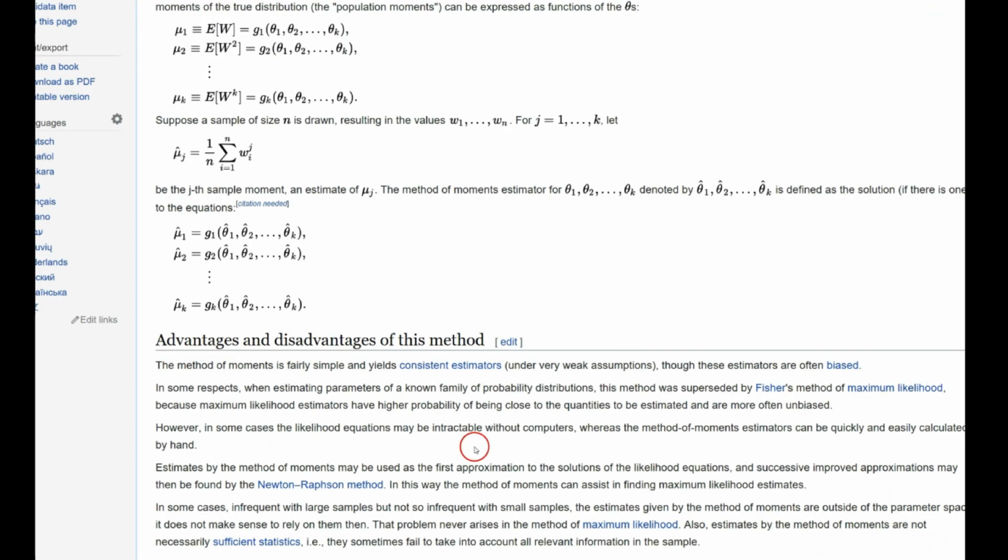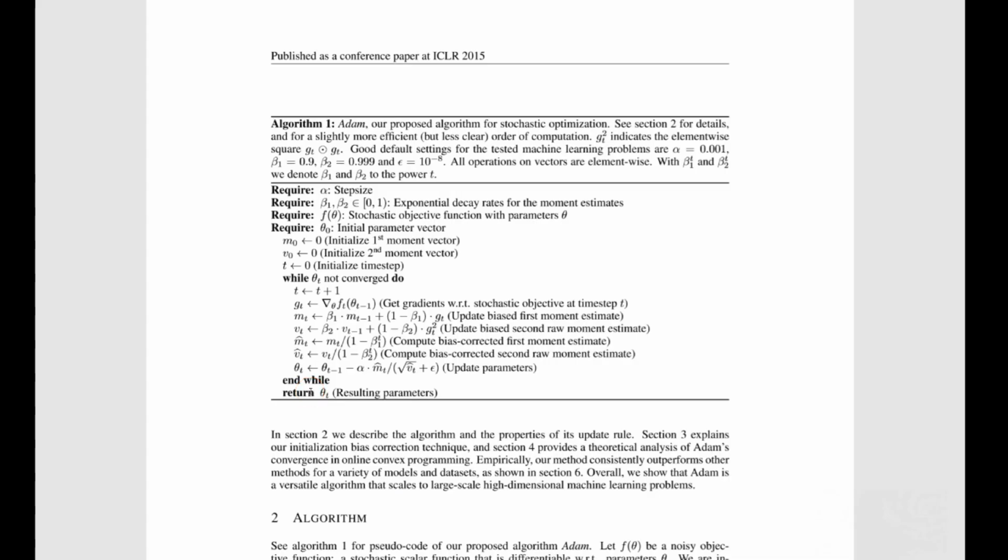So let's look at the actual paper for this. This is very similar to the code that we've seen for the other ones. So this is just t equals t plus 1. That's indicating that we're moving through the time. We're initializing the first and second moments. The first moment is the mean, so the mean of the gradients that you're trying to estimate.